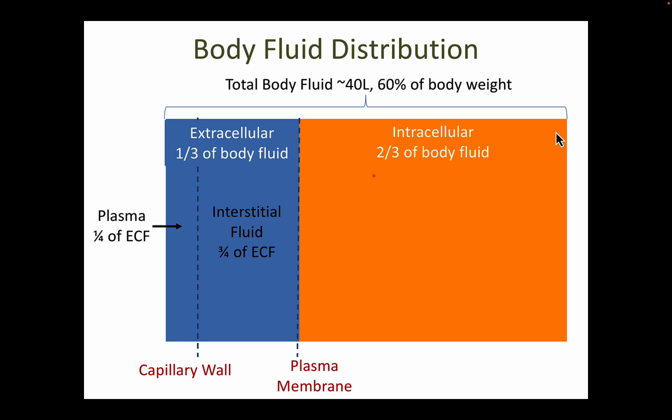That's about 2/3 of our total fluid. The remaining 1/3 is extracellular, or outside of our cells. Of that, only 1/4 is in our blood plasma, and the remaining 3/4 is in our interstitial fluid, or the fluid around our cells.